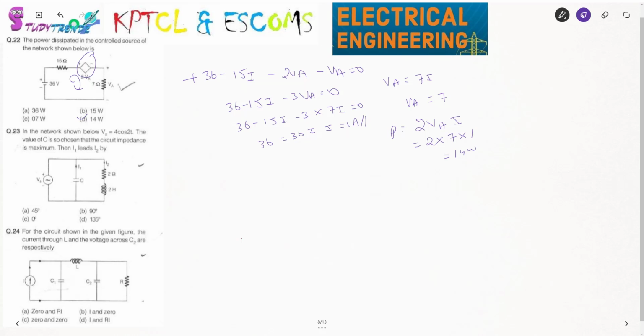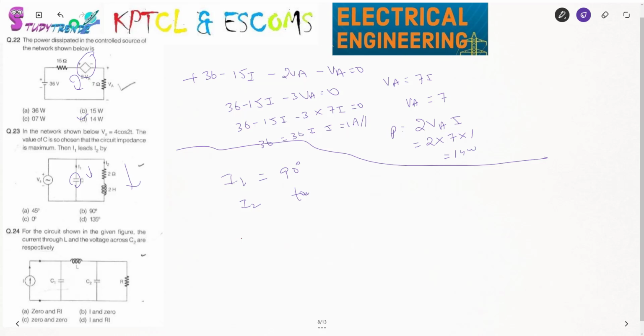Next, the value of C is so chosen that circuit impedance is maximum. Then I1 leads I2 by how much? So I1 always leads voltage by 90 degree because it is flowing through capacitor C. Whereas I2, sorry, don't mistake, I2 here is 2 ohm.